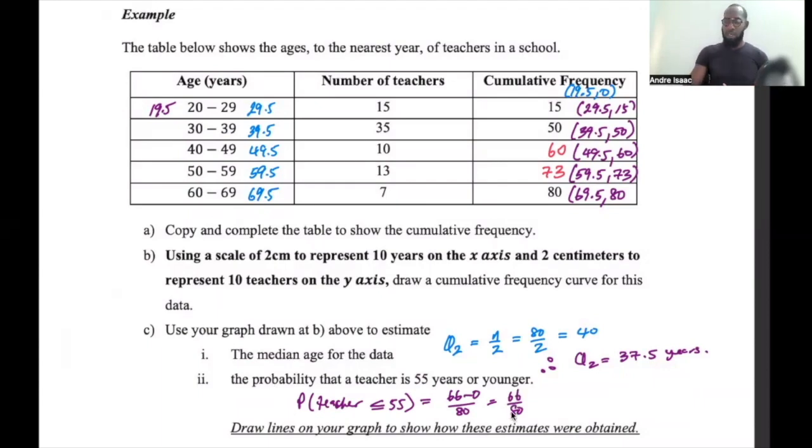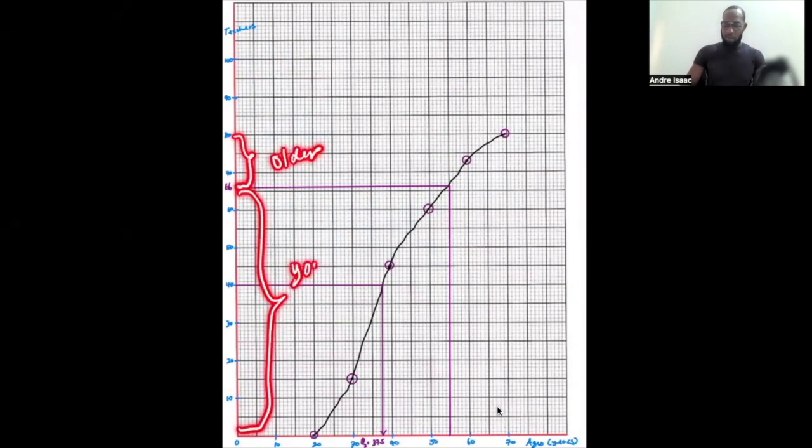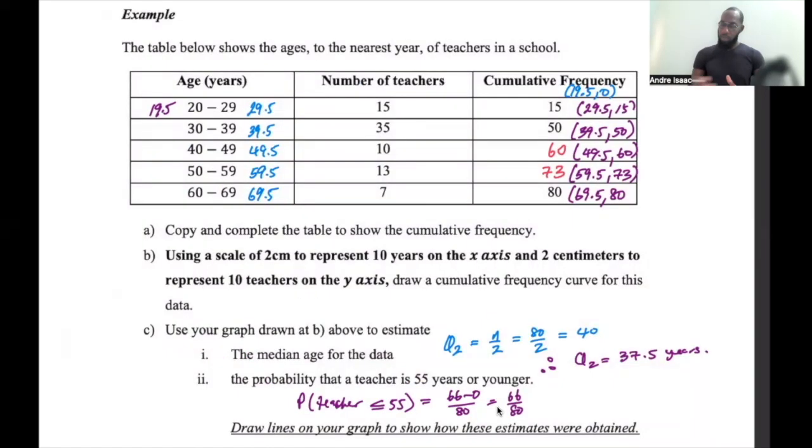The total number is 80. So it is important to note the younger or the older. And also remember, probability is divided by the total number, so if you put 66 only, you might lose marks, right? And remember, above here is older, and below here is younger. All right. So that's it for the cumulative frequency curve.